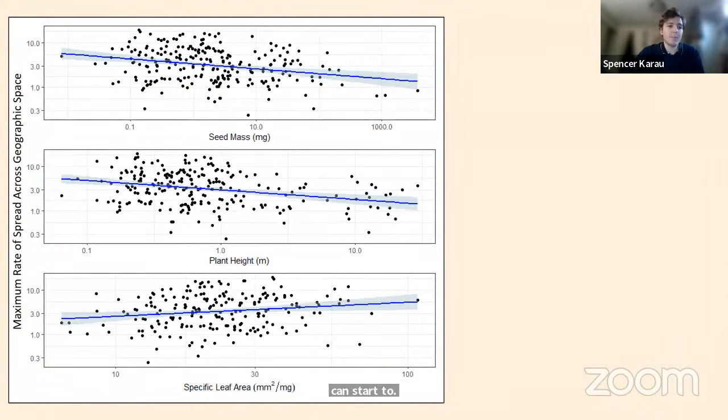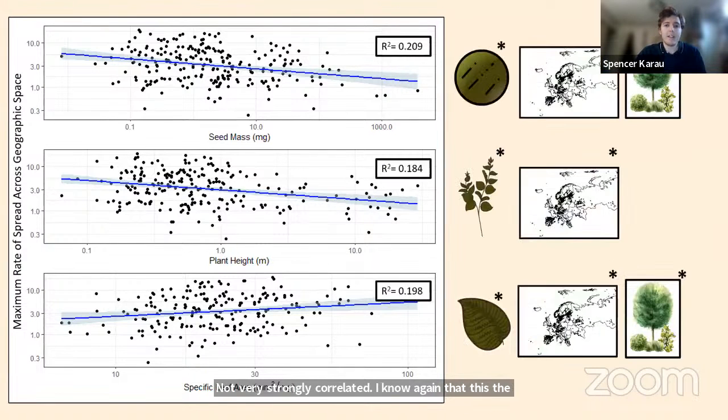Doing this, we get probably our best correlations between our response variables and our trait variables, although they are still not very strongly correlated. And note again that the trait axes have been logged. While our adjusted R-squared values for these models are the highest that we have seen, they are still quite low.